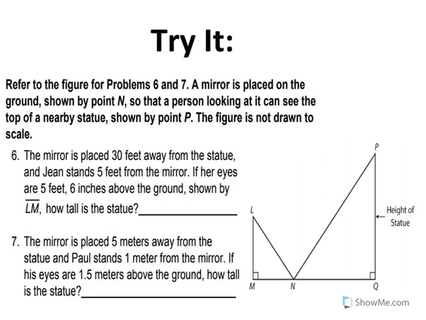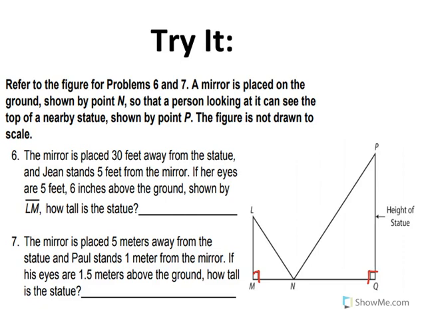Okay, let's go on to the next example. Okay, number 6 through 7. Right, so before you start, notice that this is a right angle and this is a right angle. Okay, so then we can conclude that these two triangles are similar.